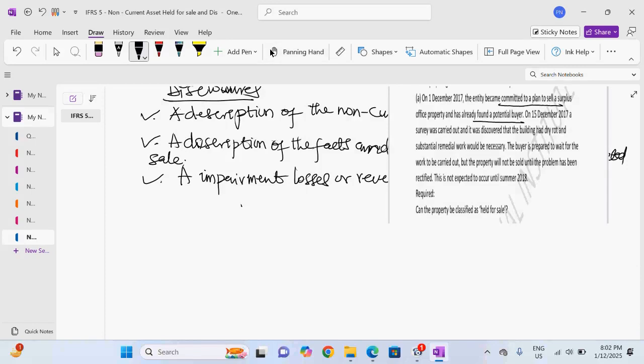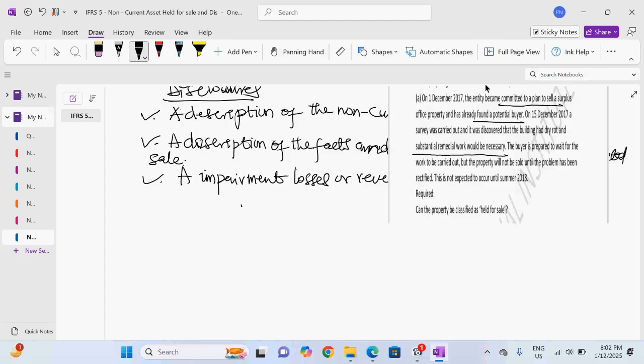On 15th December 2017, a survey was carried out and it was discovered that the building had dry rot and substantial remedial work would be necessary.